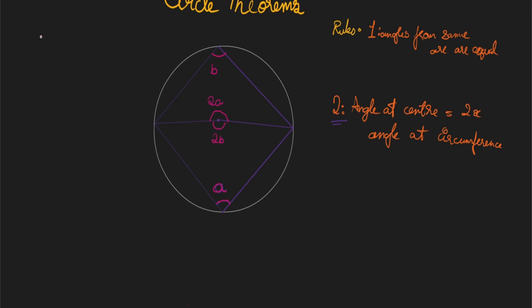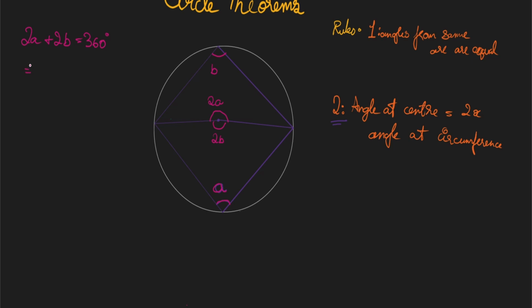Now we know from angles around a point that the angles add up to 360 degrees. So here 2A plus 2B is equal to 360 degrees.